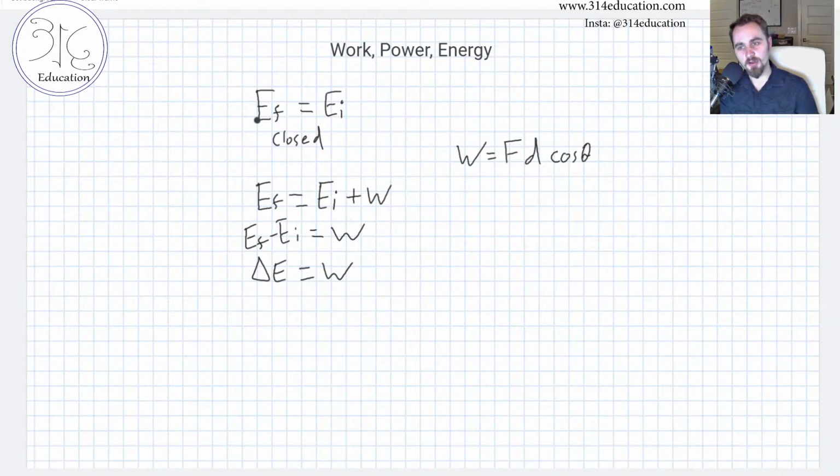So we might not be able to calculate the work because we might not be given information about the force or the displacement, but we will be able to find differences in energy based on changes in potential or kinetic energy, and whatever energy is not conserved is changed by that outside work. And that then gives us information that we can use to solve about the force or the distance.